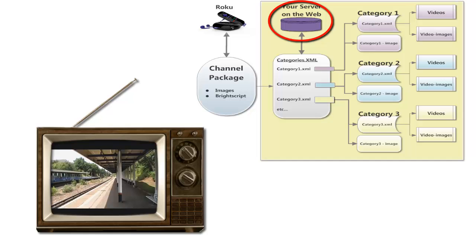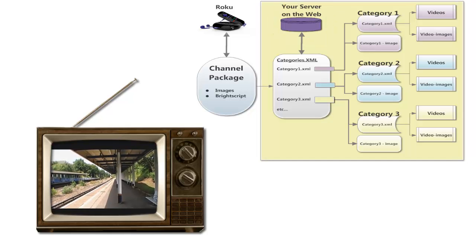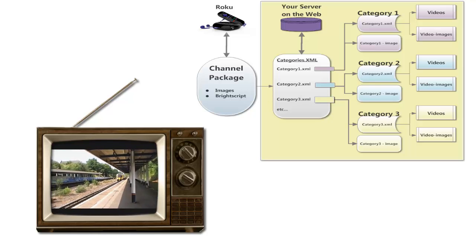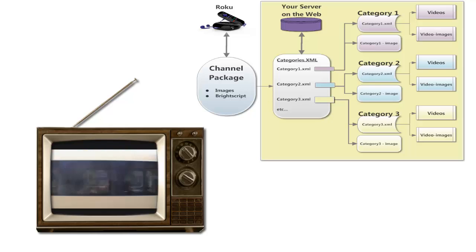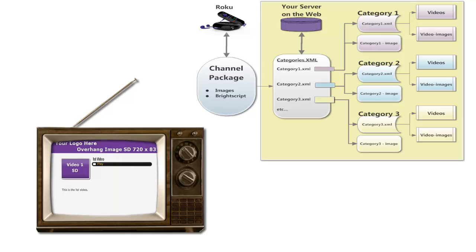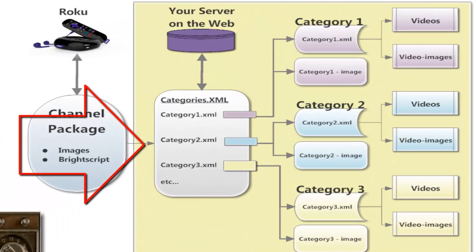This is what enables you to update the content of your channel without having to repackage your channel and send it to Roku every time you want to add another video. And basically it works like this. Our channel package is programmed to find the categories XML file.